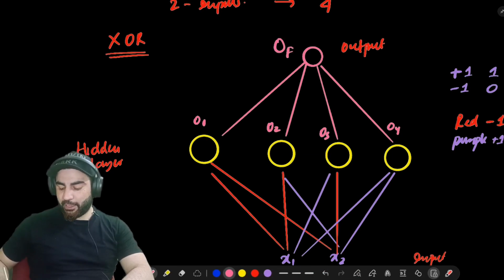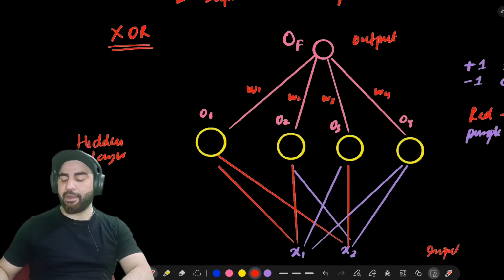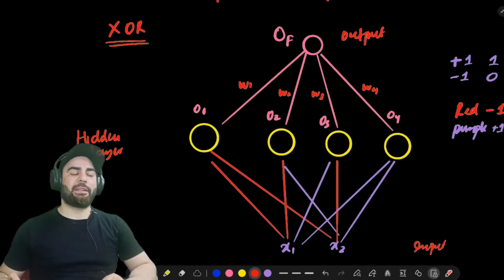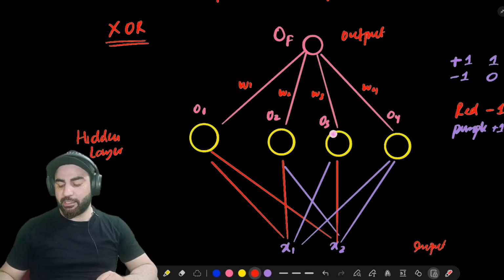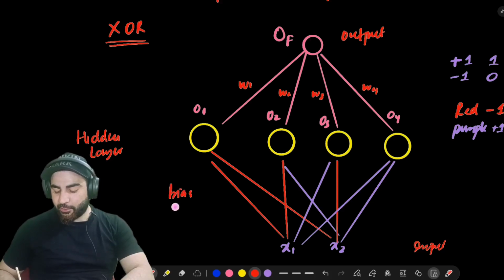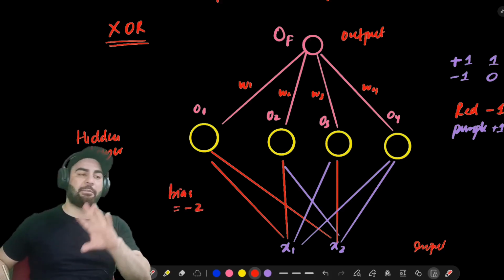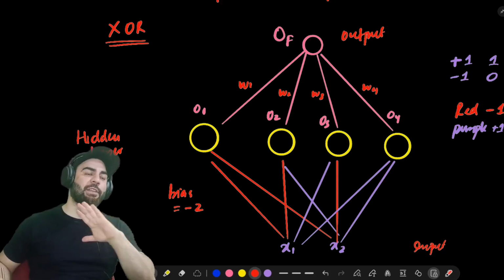And here we'll also assign weights: W1, W2, W3, and W4. Now I've made a multi-layer perceptron. I have multiple perceptrons here. If you see this perceptron, this, and this, we have 4 perceptrons in the layer. And now I can add a bias also, so let's suppose bias is equal to -2. I'm constructing this, and what I now claim is that this will model XOR without problems.